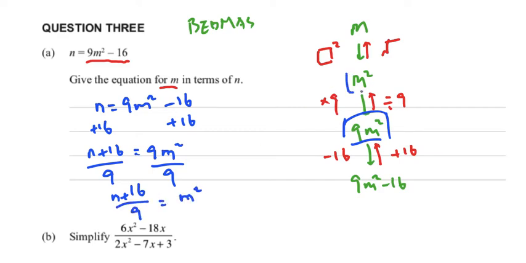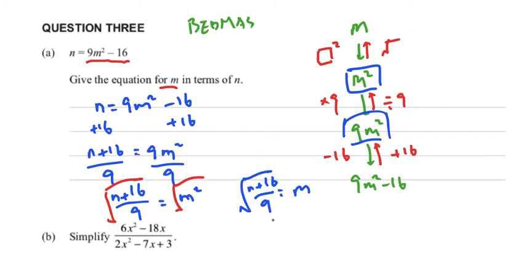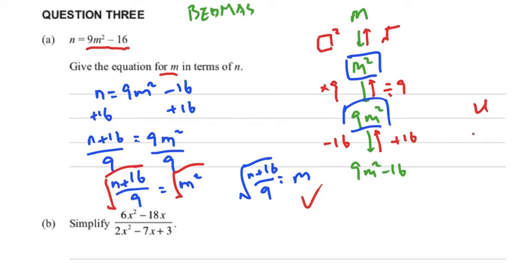Great, we have this one already. Last step, get rid of that square by square root. So we square root both sides. And you should have the final answer. m is equal to the square root of n plus 16 divided by 9. You do not have to simplify, right? That's the answer. That will give you achieved point.